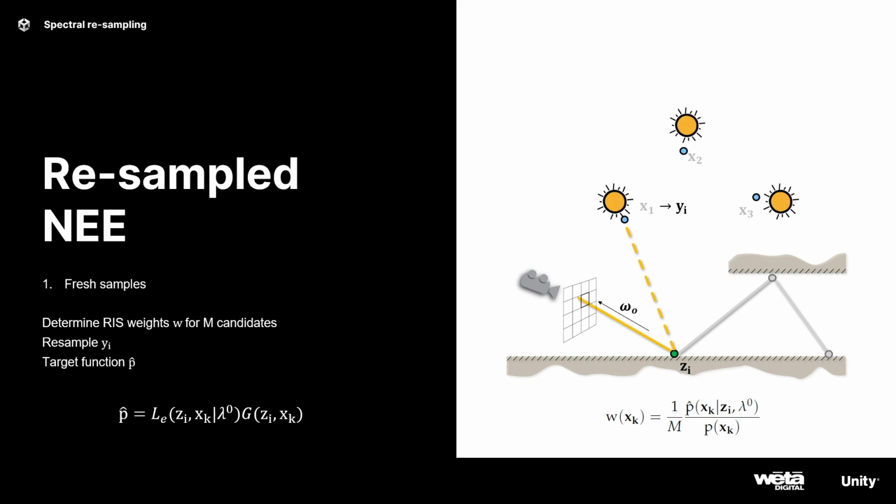We simply compute it as a product of the emitted radiance LE and the G term. Note that with respect to wavelength, we use the hero wavelength lambda 0 to evaluate the target function. And the resampling weight here is scalar, dependent on this wavelength.